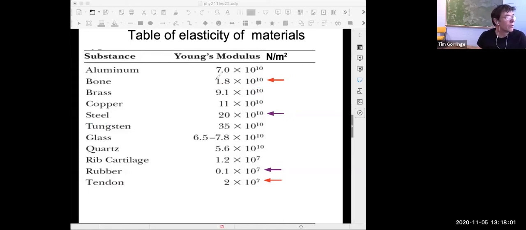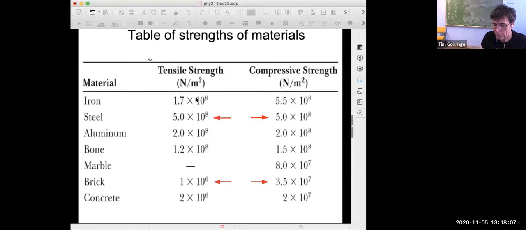Let me show you one more table. And this is a table of strengths. So if you remember, if we pulled too hard on the steel wire, we would snap it. If we push too hard on a nylon rod, you'll snap it.